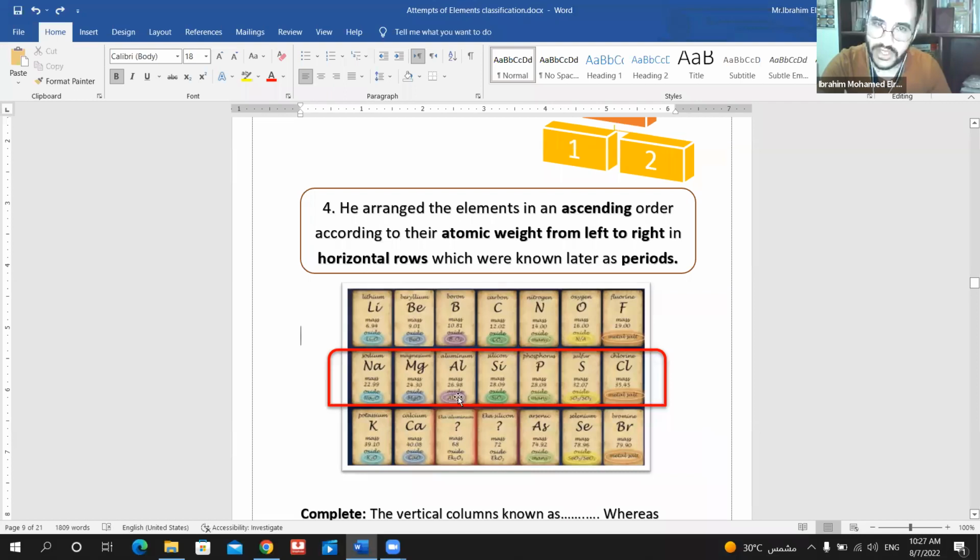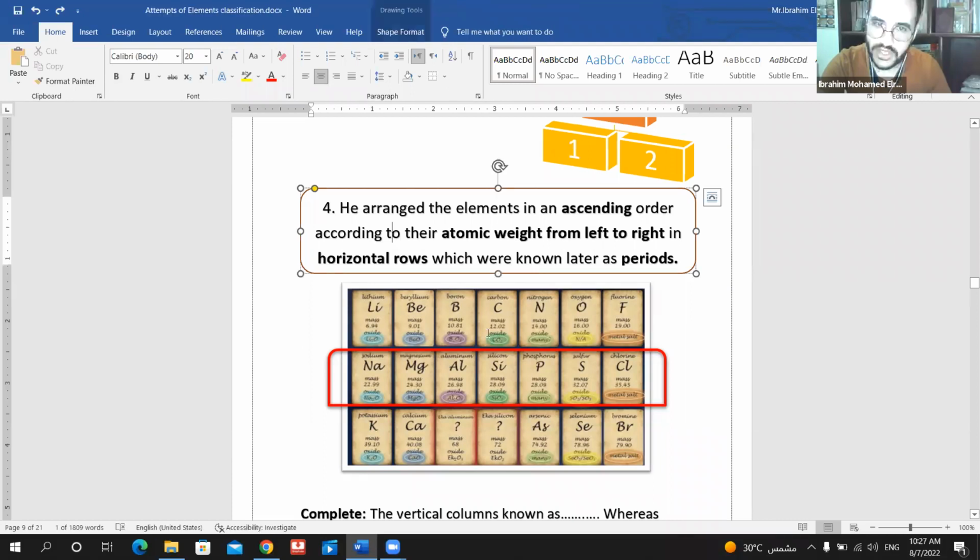There is an increasing atomic weight. So he arranges them in ascending order according to their atomic weight, from left to right, as you see in this picture. In vertical columns? No, in vertical columns, we arranged them before according to the similar properties, which were known as groups. But here he arranged them in ascending order in horizontal rows, and these horizontal rows are called periods.